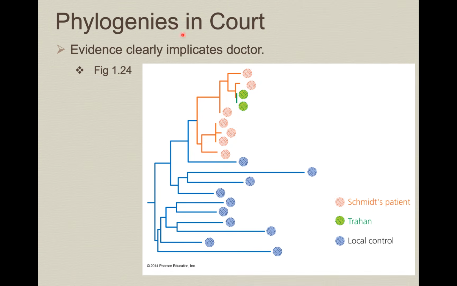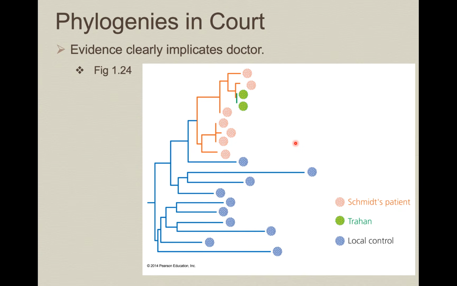Well, this is the real phylogeny, and what you can see is he had a number of patients that had HIV, and this is her viral strains, which she was already developing two different viral strains. But her HIV is clearly embedded within the clade of his patients, and the local controls are much more distant.